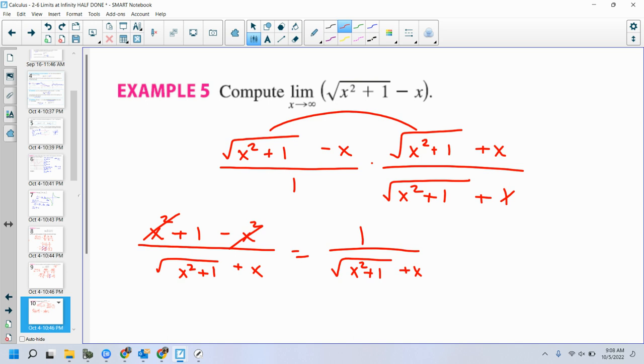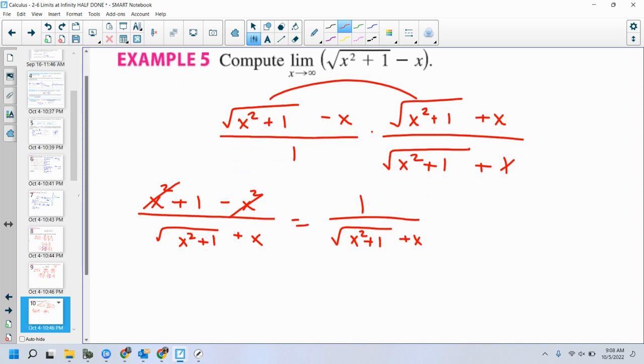So if I plug in infinity now, what's this going to go to? 0. Yeah. Because is there any tricky minus sign that's going to catch us up anymore? No. Take a look. If I plug in, it's going to be the square root of infinity squared plus 1 plus infinity.